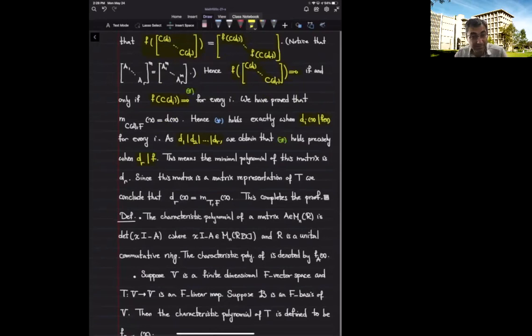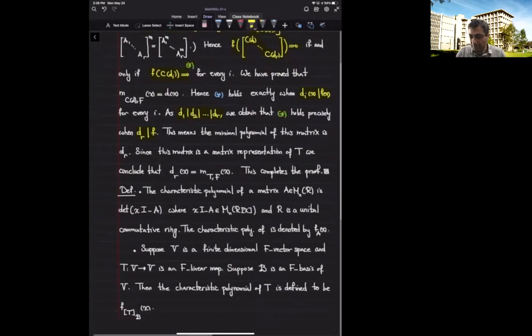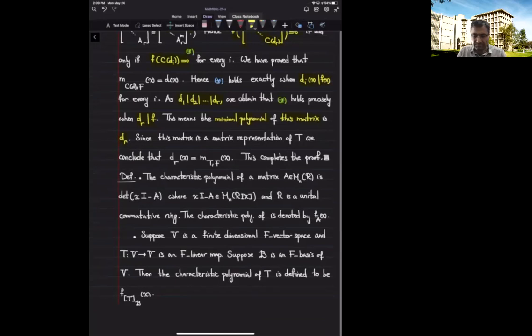Because this is an if and only if and d sub r is a monic polynomial, we deduce that the minimal polynomial of this matrix that is of the block form is d sub r, and that's exactly what we wanted to show. Because we know that the minimal polynomial of the linear transformation is the same as the minimal polynomial of multiplication by x, and that one is the same as the minimal polynomial of the matrix representing it. So we get that the minimal polynomial of T is d sub r.